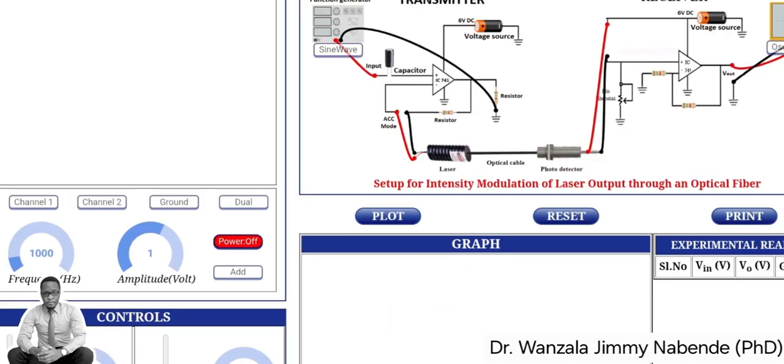After connection, we now need to power on the system, so we connect the sine wave and then the oscilloscope.